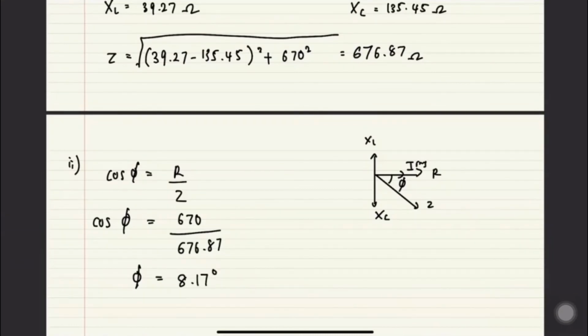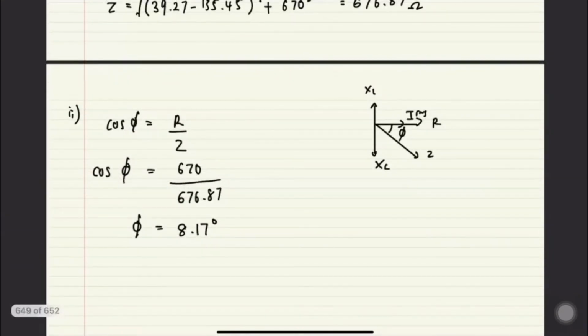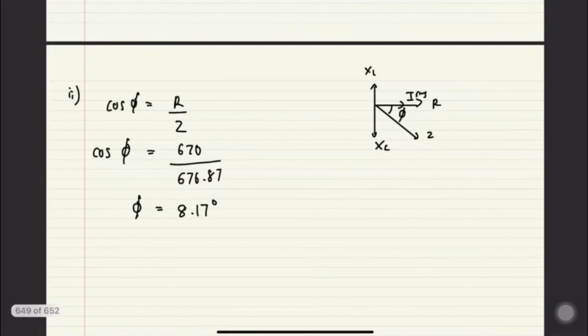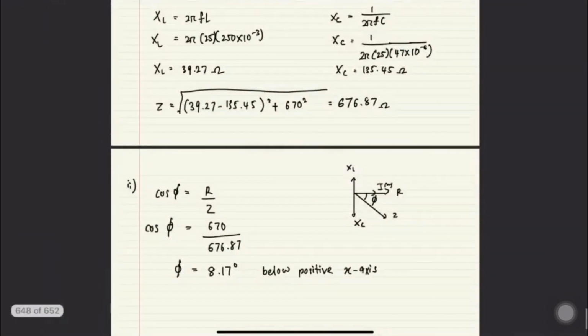You can see I get positive because I worked from the diagram, and this angle is actually below the positive x-axis. If you use the tangent equation, maybe you get negative. If you get negative, you have to restate it, meaning write it back without the negative: the position is below the positive x-axis. Okay, any questions on number 2?